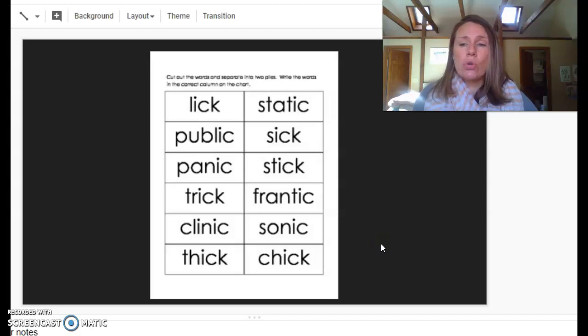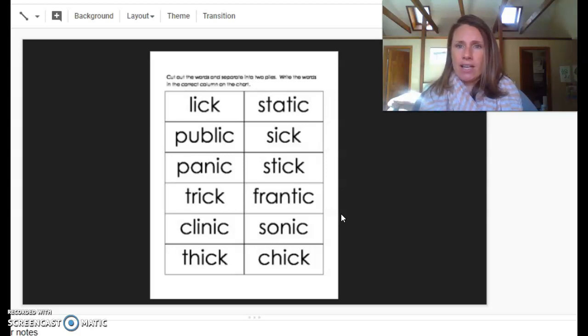Now look at all the two-syllable words. They just have IC for the second part of the syllable. Public, public. Panic, panic. Clinic, clinic. Static, static. Frantic, frantic.